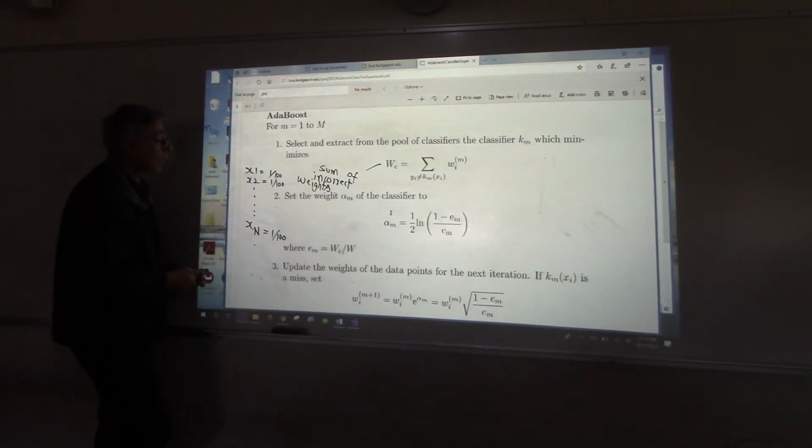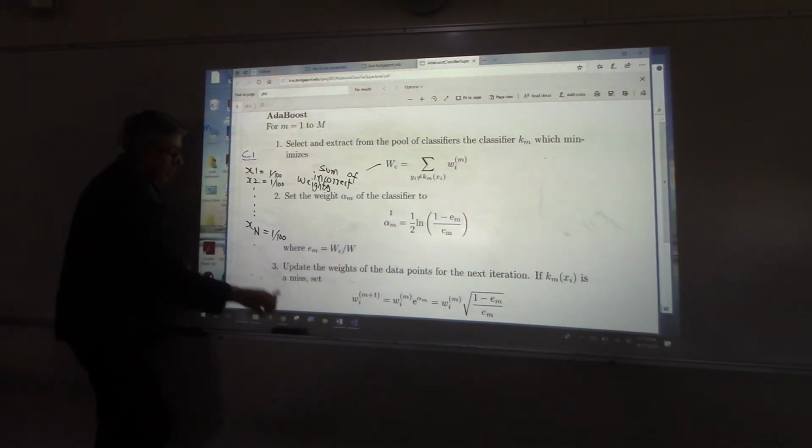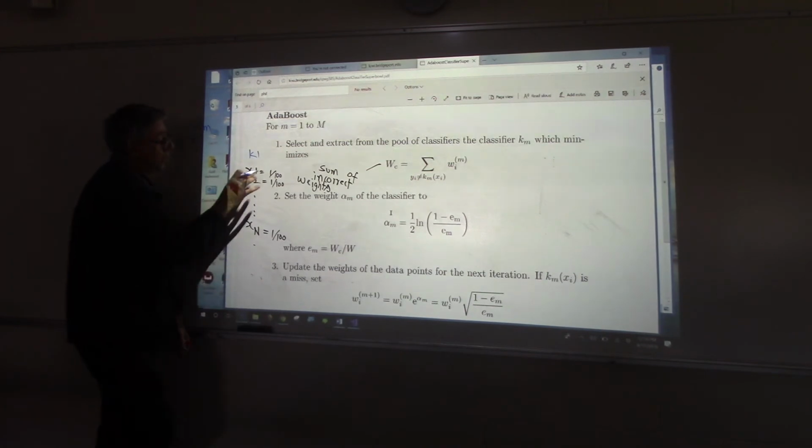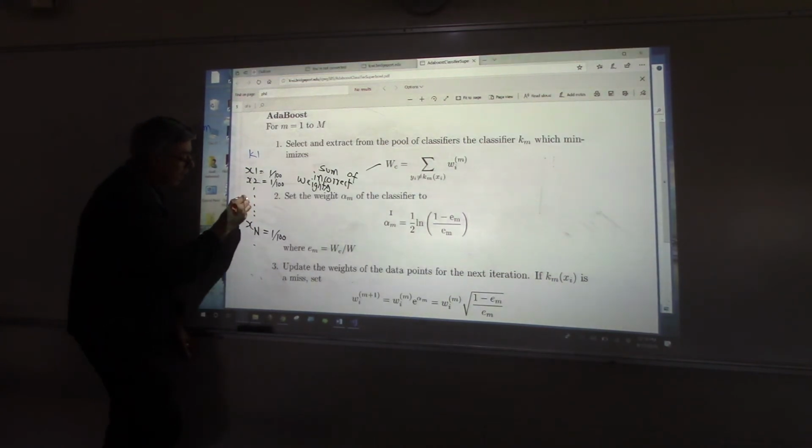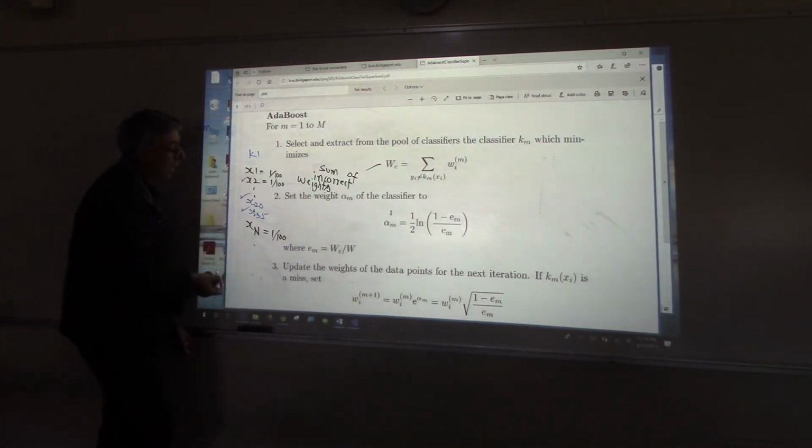Okay, so let's pretend we apply classifier 1, or I should call it K1. Of course, some of these it will predict correctly, some it will not. So let's pretend x20 was correct, x35 was correct, x2 was correct, and everything else was wrong. Then what will WE be?